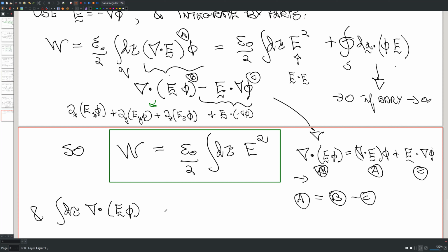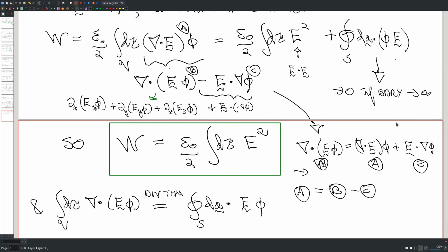By Gauss's theorem, or the divergence theorem, this becomes the surface integral over the surface bounding a certain volume, of E times phi dotted with the surface element. I can take the phi out here because the dot only acts on this. And this is my expression here. So it's a kind of manipulation to get that thing.